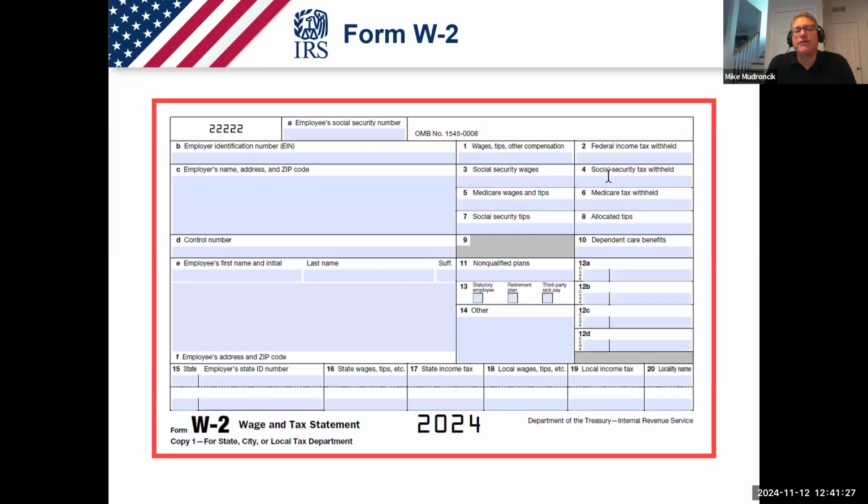This is a visual of the document, the Form W-2. We probably all receive these during our lifetimes, identifying our wages, and the Medicare and Social Security taxes and the federal income tax. In addition, state taxes are identified down at the bottom.